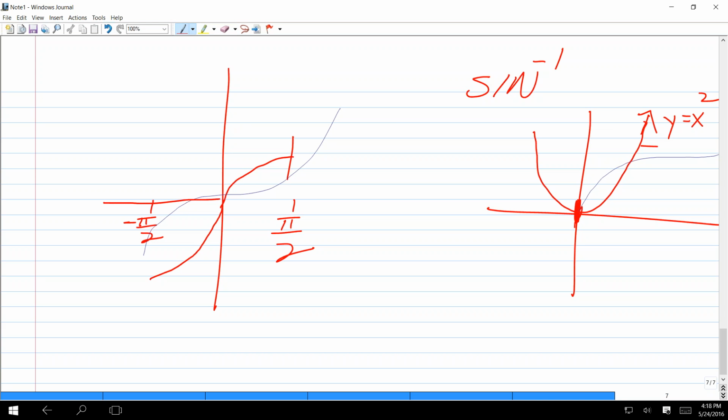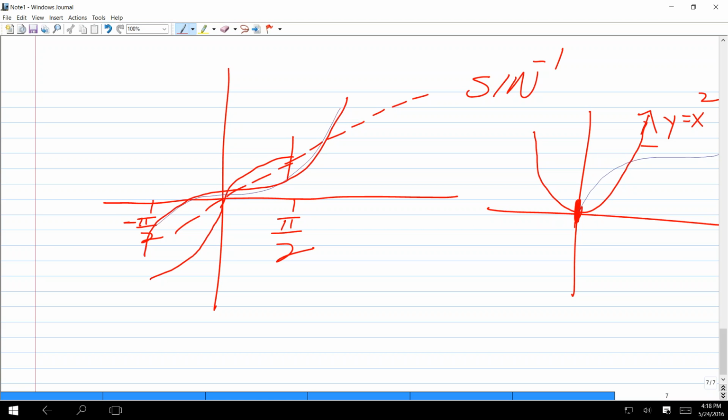The line y equal x is this line right here. So if I reflect that part of the sine function over that line, I get this blue line here, which is inverse sine. But it's only inverse sine between minus pi over 2 and plus pi over 2, because I had to restrict the domain in order to even talk about the inverse.